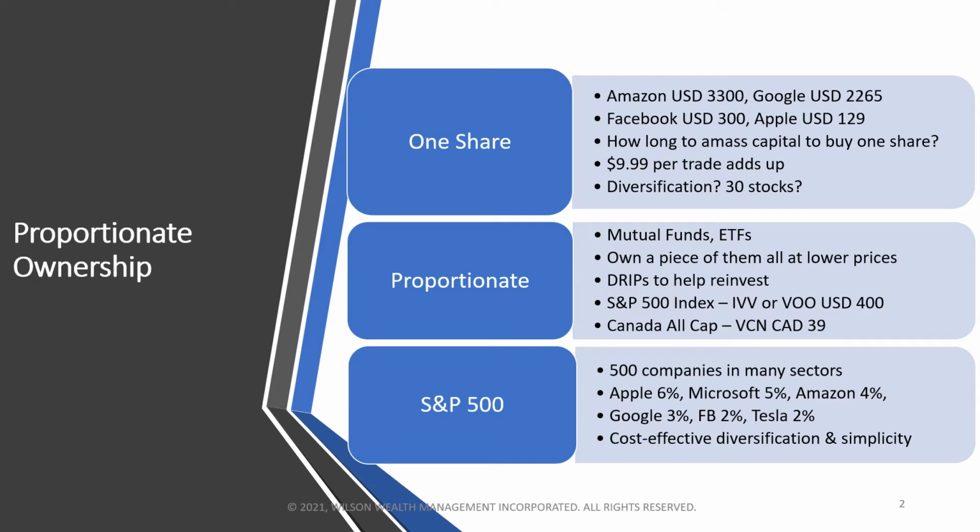Now, one thing with investing in funds is you get proportionate ownership. And what I mean there is you go out and you want to buy shares of Amazon or Google or Facebook or Nutrien or Cameco.